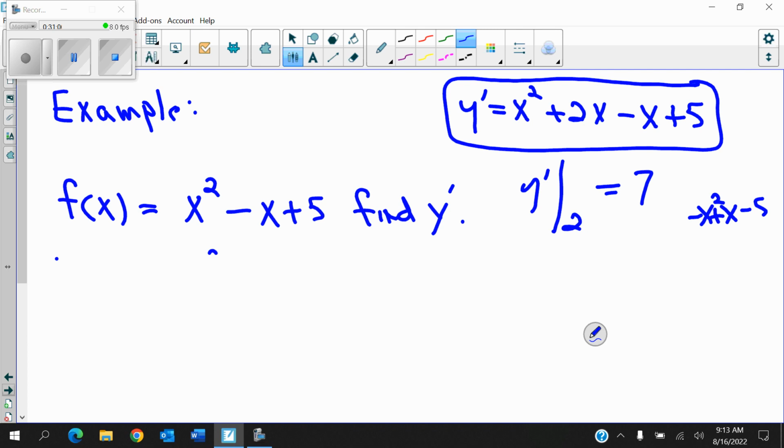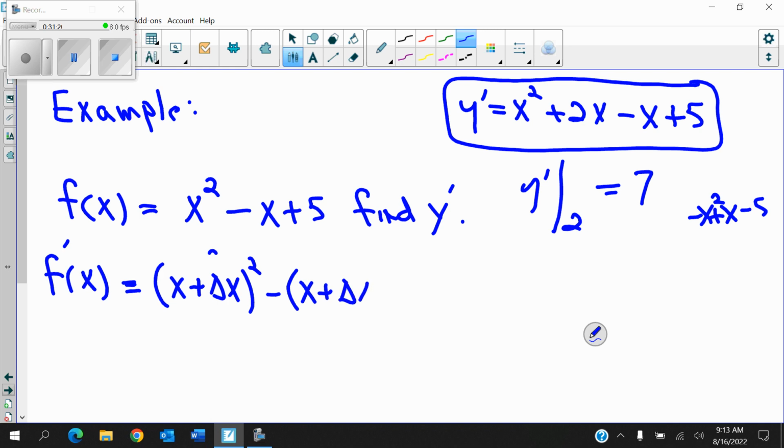Here is the original function, right? x plus delta x, we got to square it, minus x plus delta x plus 5, minus what? f of x, which is minus x squared plus x minus 5, right?